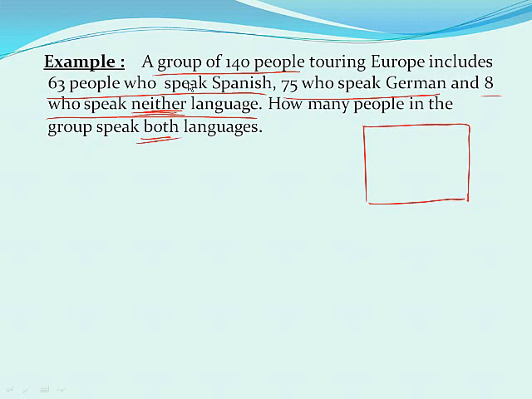We have 2 sets represented as Spanish speaking tourist and German speaking tourist. So what we are trying to calculate is the number of members in this intersection. This is S, this is G. So the question will be like, what is the number of elements in S intersection G?